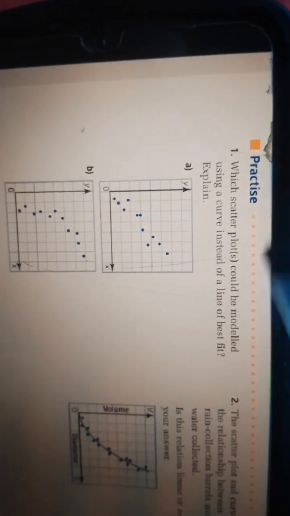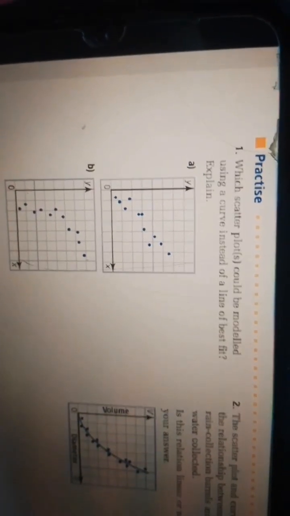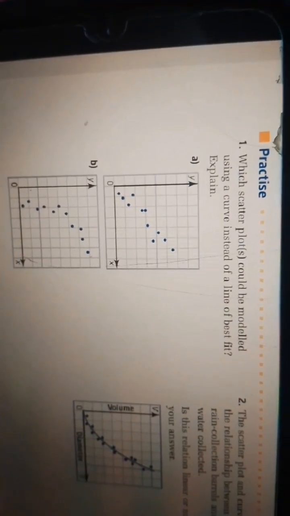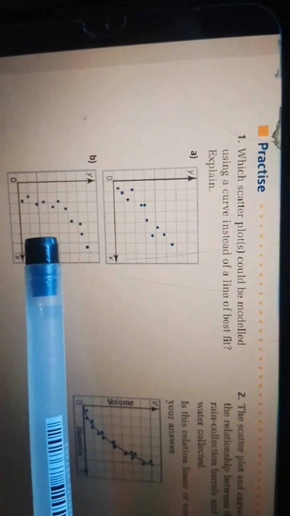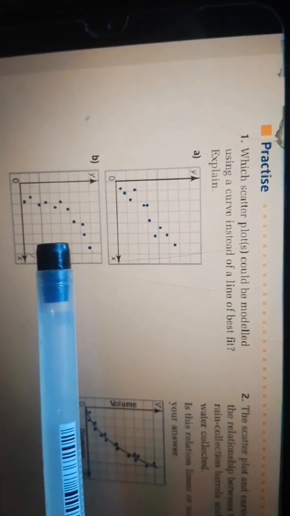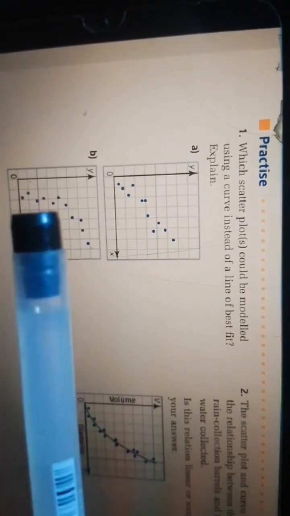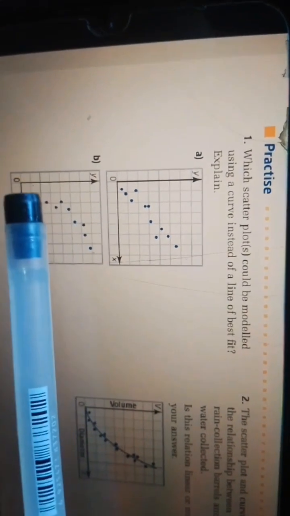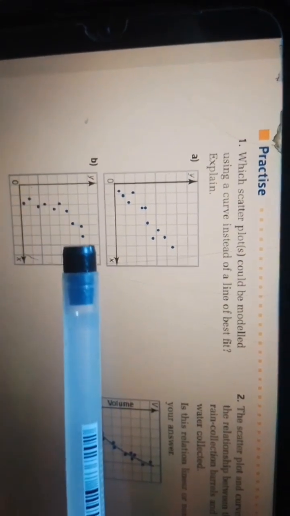Let's have practice. Number 1: which scatter plots could be modeled using a curve instead of a line of best fit? Obviously, the best model is letter B. It could be modeled using a curve of best fit, so you can draw a curved line here going up there. Why is letter A considered a line?